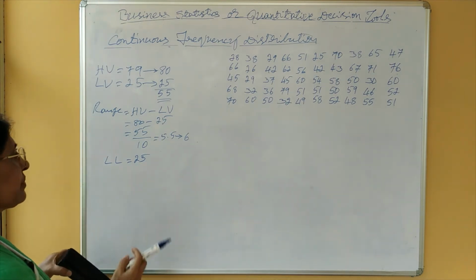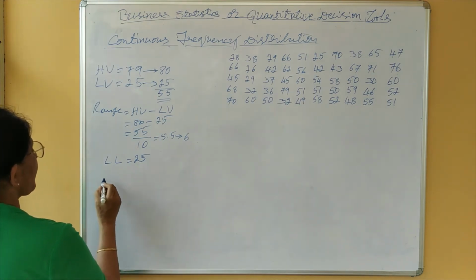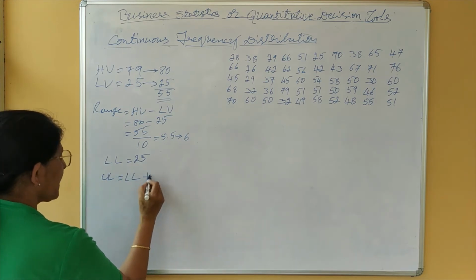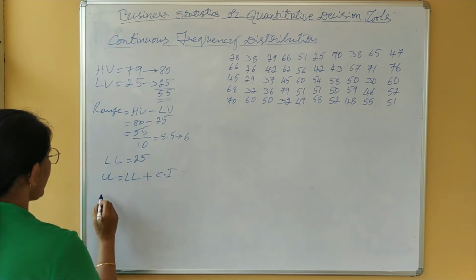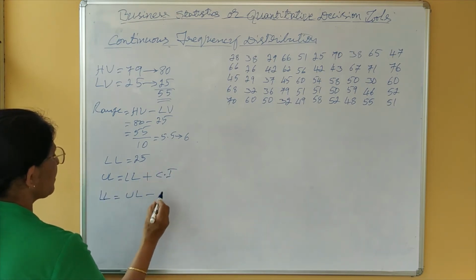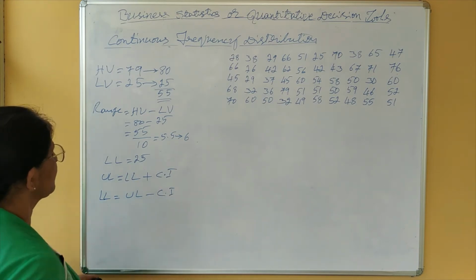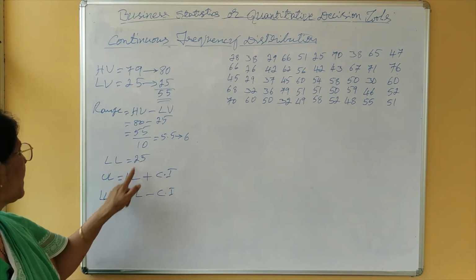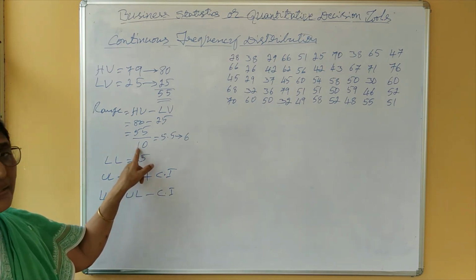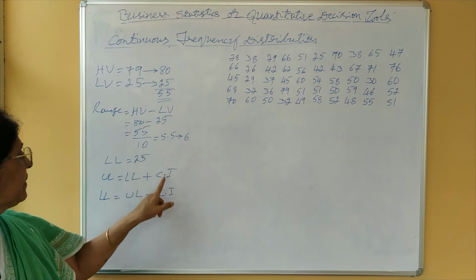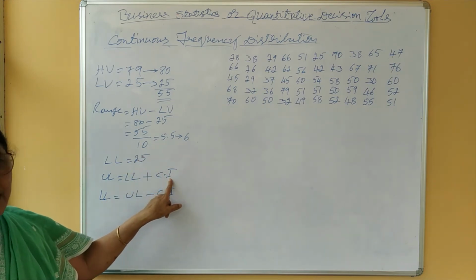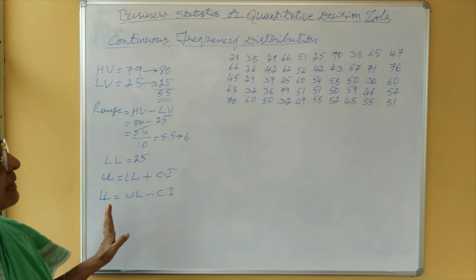This also must be known to you. Upper limit equals lower limit plus class interval, and lower limit equals upper limit minus class interval. Here lower limit is 25 plus class interval, which we have taken as 10, that is 25 plus 10, 35. Like that you have to take the classes.